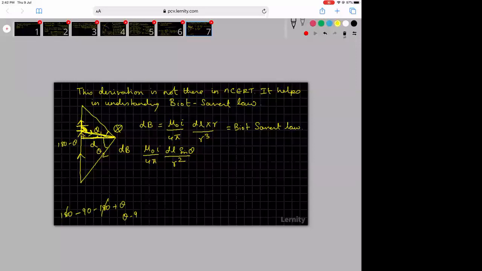So it becomes theta minus 90 degrees. So the small angle is this much. So sine of theta minus 90 will become cos theta. So if this angle here is theta, then dB is equal to mu naught I by 4 pi dl cos theta by r squared. Do you understand this?